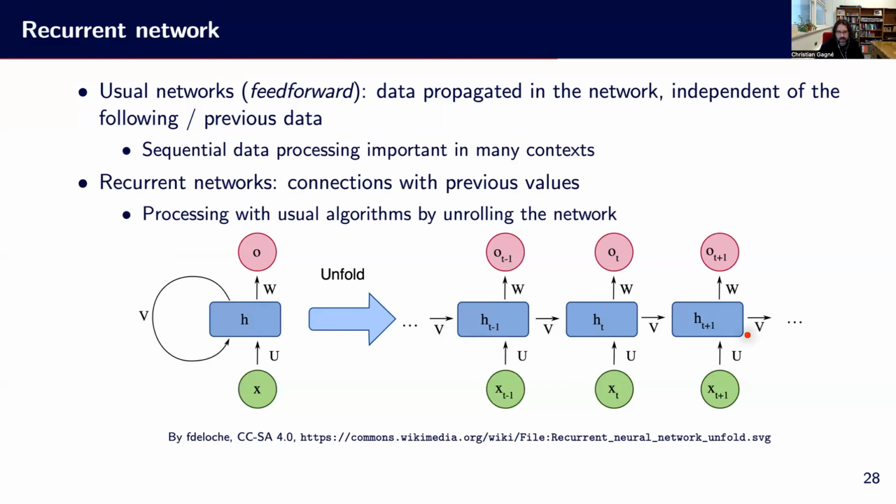Unfolding it that way, we've got this kind of processing where we've got the x's in the sequence, like x_{t-1}, x_t, x_{t+1}, which are the different x's of our sequence.